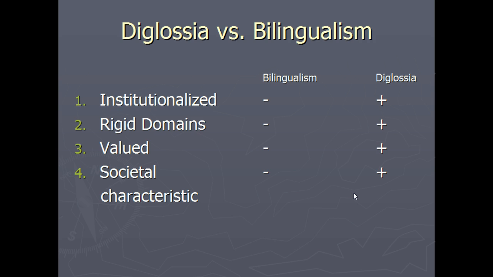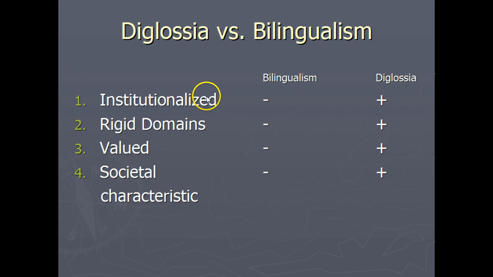I want to take a moment now to distinguish between diglossia and bilingualism. When we're looking at acquisition, in diglossia, one of the codes in a diglossic situation is formally taught through social institutions. Only those who are school-aged and above, or who can otherwise access the societal institution, will use the high code.